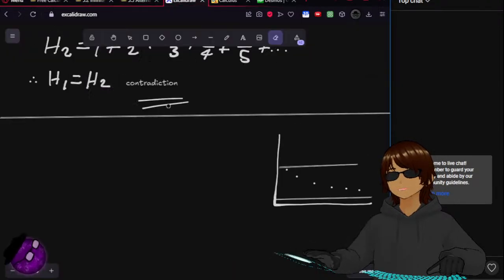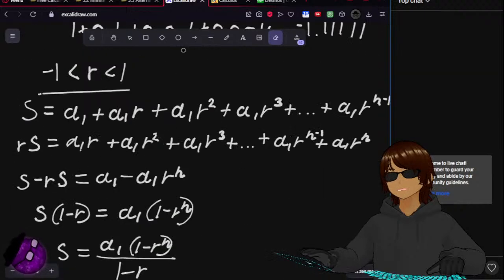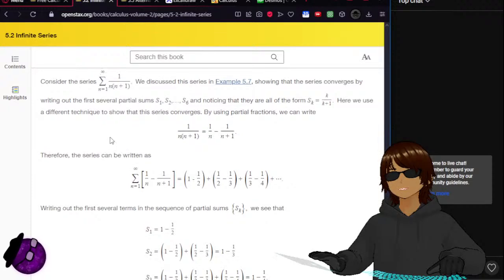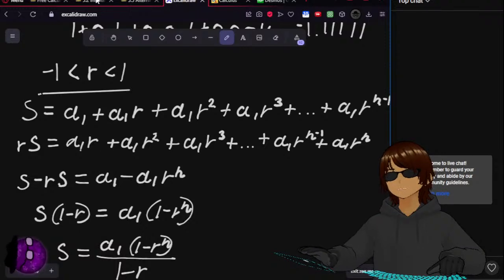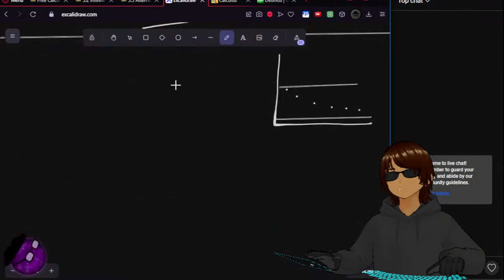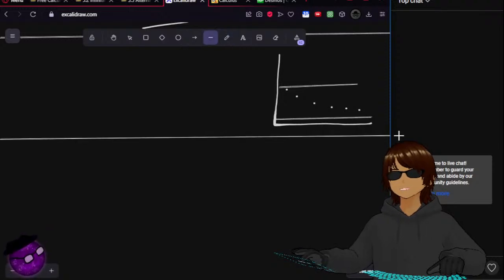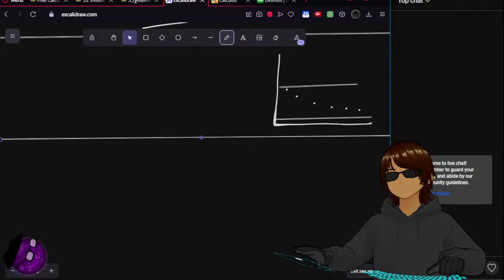Basically, over here we did this. These two subtract, these two subtract, these two subtract, and then we are left with two terms. If we have something like this, then it's called a telescoping series. Well, this isn't a telescoping series, but a telescoping series is like the subtraction and addition is part of the series.